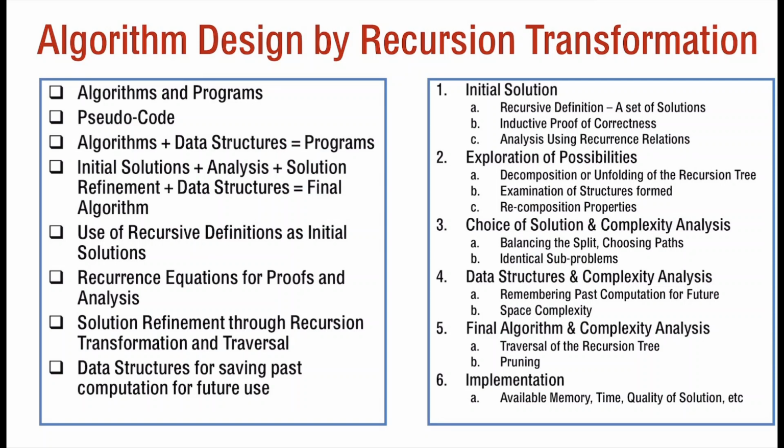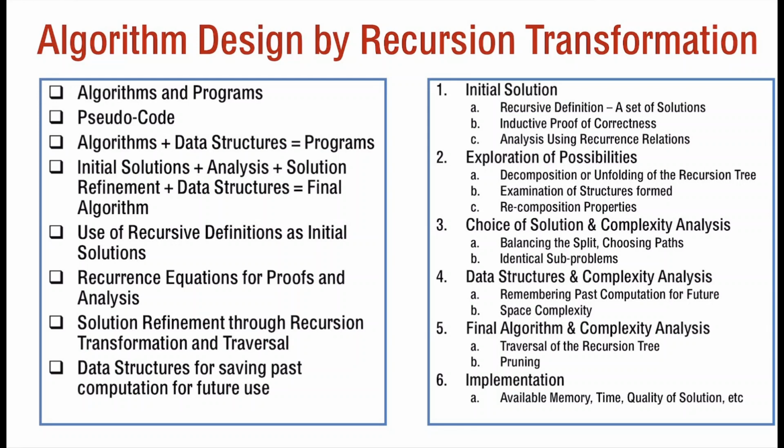So, when we started this process, we started with algorithms plus data structures equal to programs. We saw that our initial solutions, analysis and refinement, and data structures give the final algorithm. We saw 3 examples of problems where we had 2 kinds of initial recursive definitions.